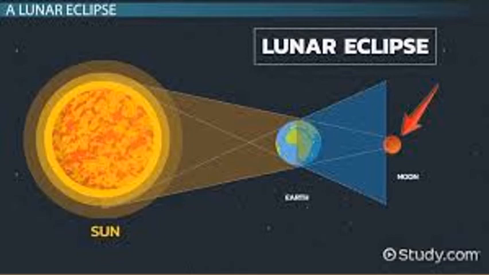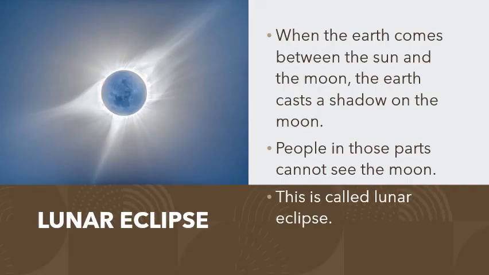The sun is behind us, isn't it? So when the earth comes between the sun and the moon, the earth casts a shadow on the moon. People in those parts cannot see the moon for a while. This is called the lunar eclipse.